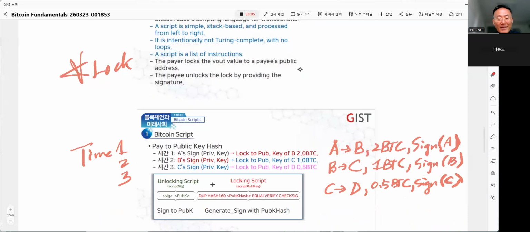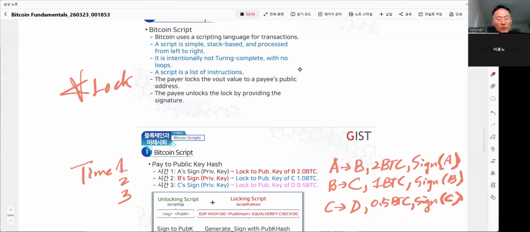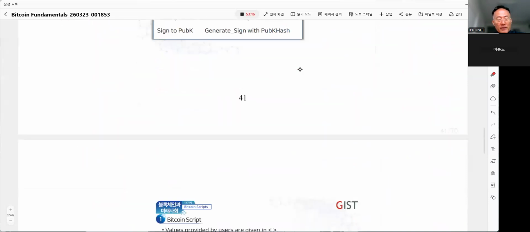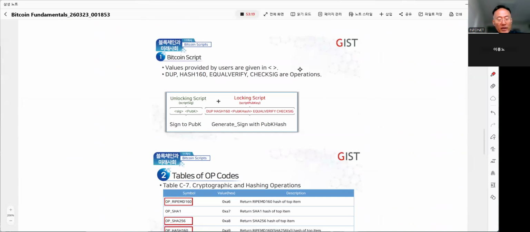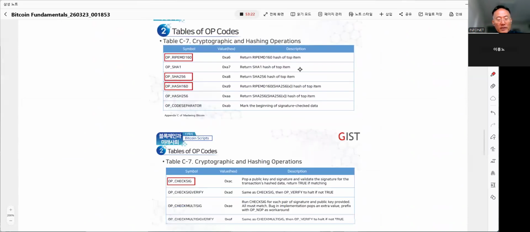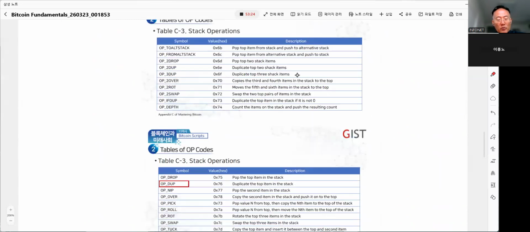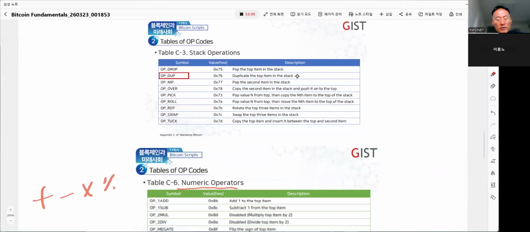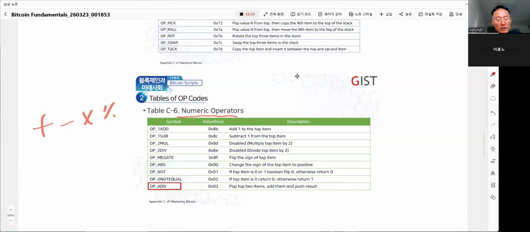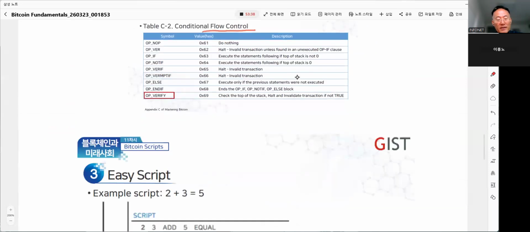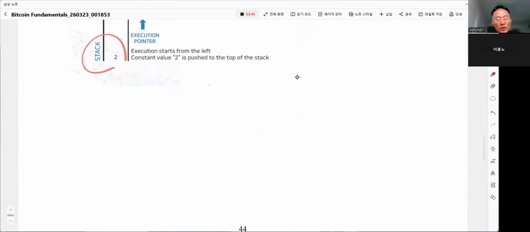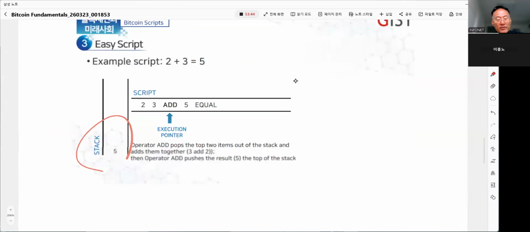Bitcoin uses a scripting language to create transactions, and to verify if a transaction is valid and check the signature. There is an operation table, stack operations, and numeric operations like plus, minus, multiply, division. Those things are defined, and you use this script to check the validity of a transaction.